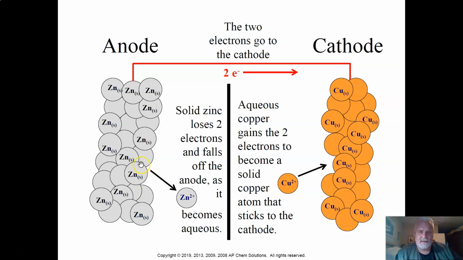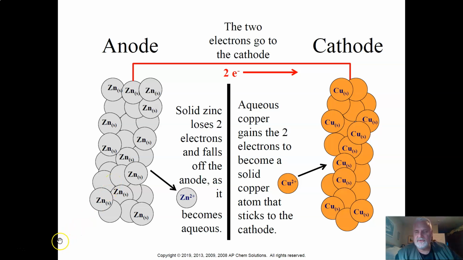So the solid ones are leaving to become ions. Here are the ions, and then this one actually gets kind of thicker and heavier as it goes through. And then this shows you your flow of electrons as well. All right. So nice little explanation at a little closer look at the atomic level there.